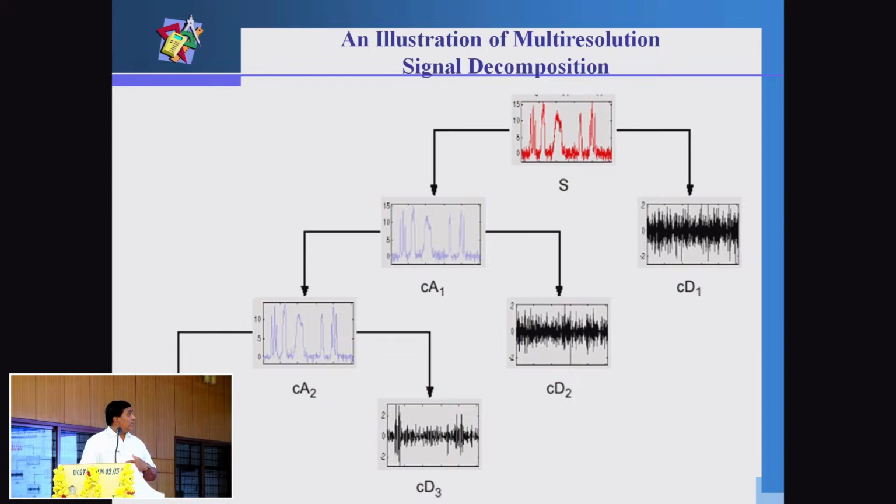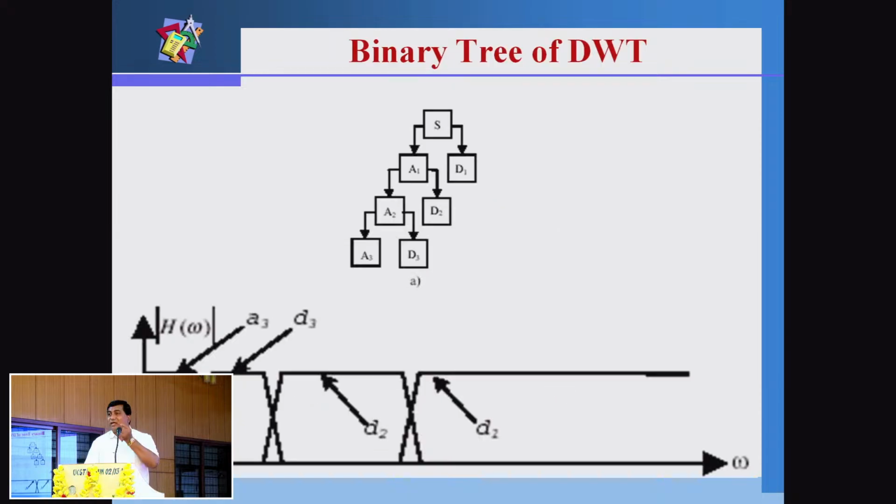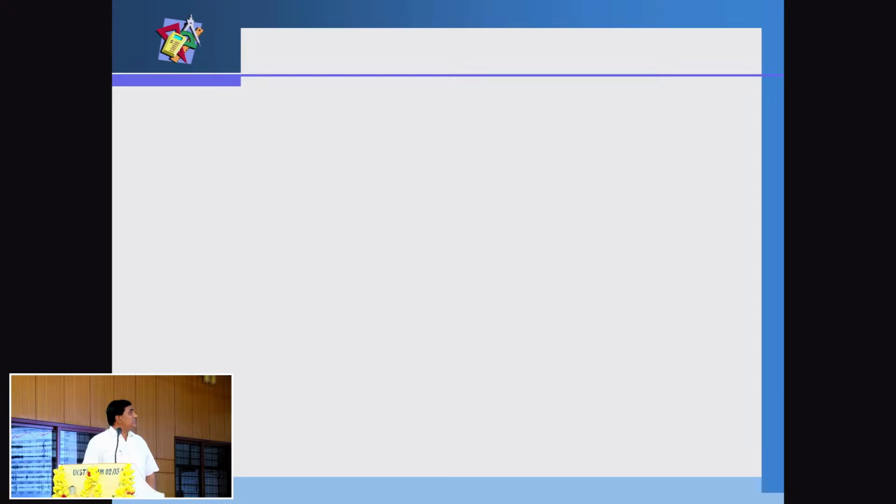Again this approximation into approximation and details, again approximation and details. We decompose until at the end we have all the details and only one approximate value. The rest are the details. You can see the details of that particular signal. Here this is approximation and details of the electrical signal.